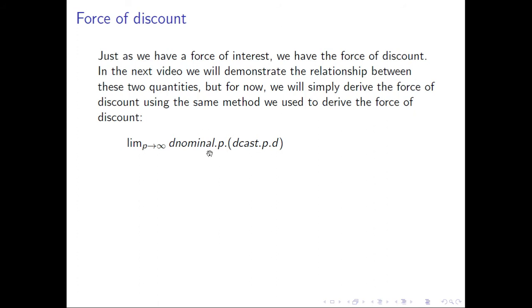So remember that this dnominal p of dcast p of d is a nominal discount rate per y. And remember our expression for dnominal p of e is equal to e times p. So in this case, e is dcast p of d. So this expression is the same as p times dcast of p of d.